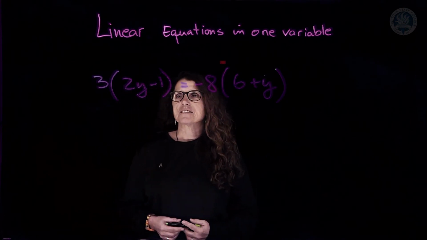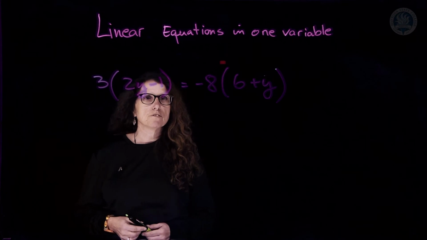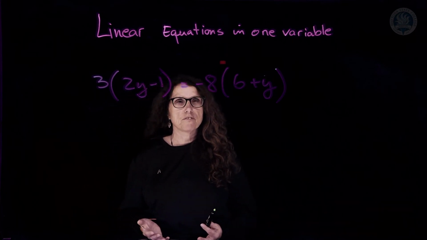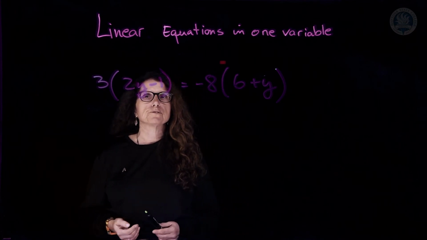Let's take a look at this problem. This is also a linear equation with one variable, but this looks very long. Here we have to do more than just 1 or 2 steps.